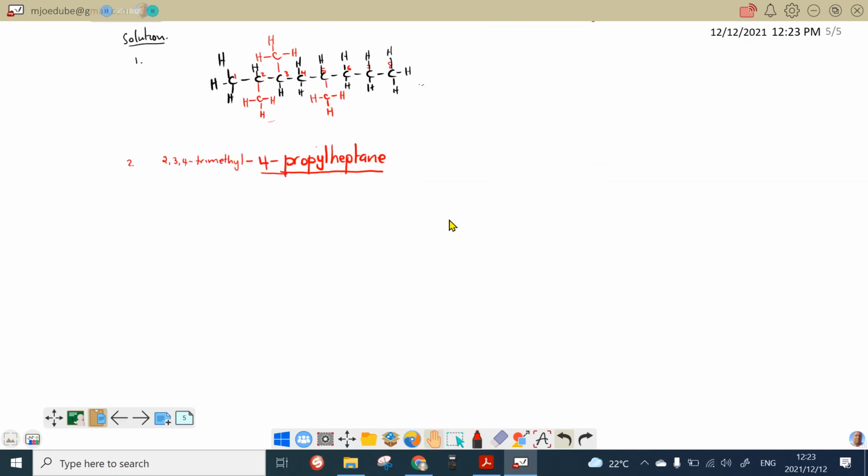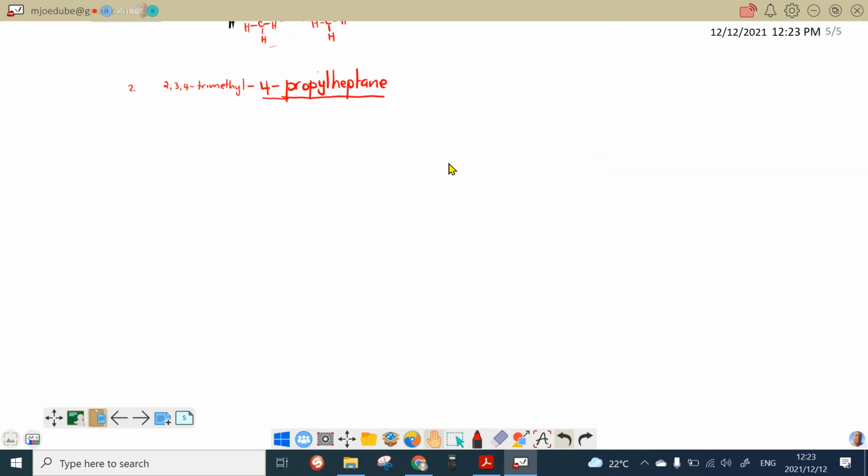And this is what you would then go on to do. So you have your heptane, which has got 7 carbons. 2, 3, 4, 5, 6, 7. So there are 7 carbons, and then on carbon number 4 there is the propyl substitute group that is attached.